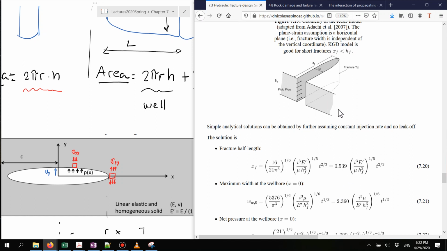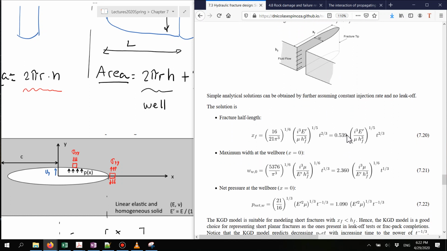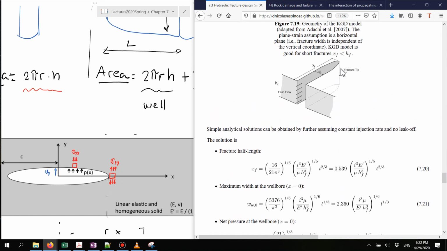This is going to be a different solution, and it applies mostly to fractures which are relatively short, in which the fracture half length is lower than the fracture height. This should be the case, for example, of short fractures that happen when you're drilling, or short fractures that you are making just to get a little bit out of the wellbore in a damaged zone.